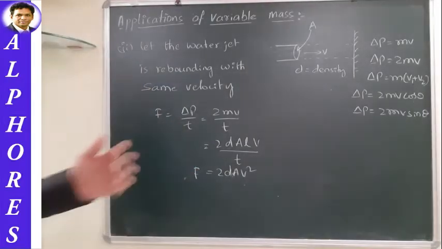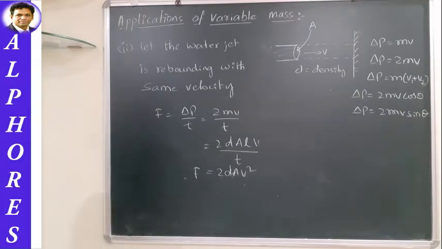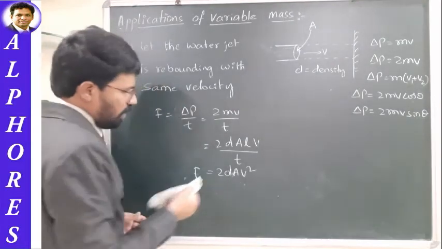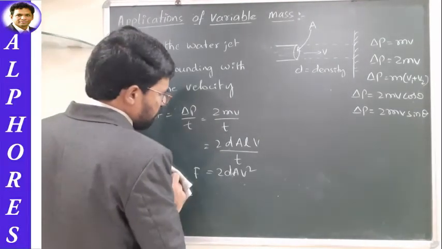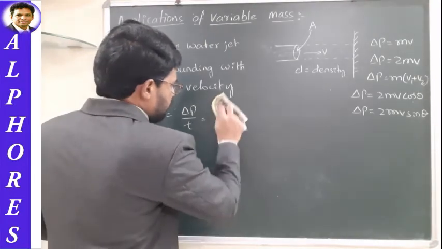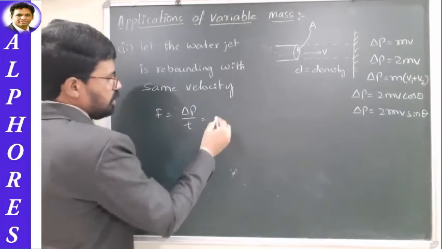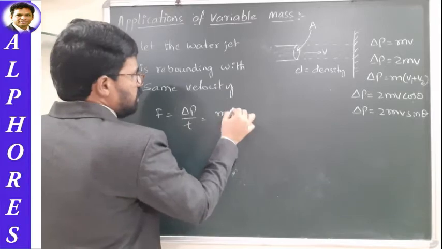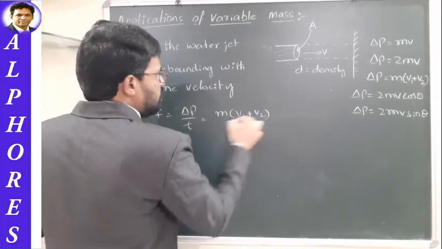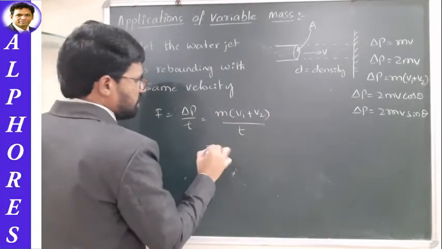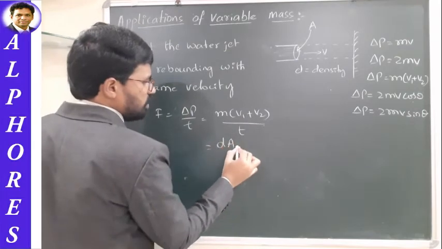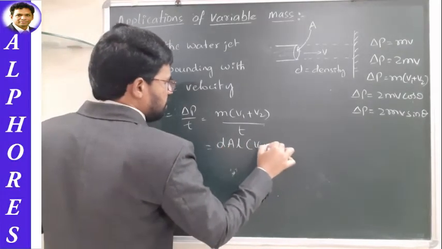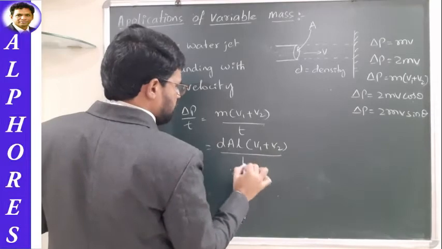What if it is rebounding with a different velocity? I will conclude here itself. In place of change in momentum you can write m into (v1 plus v2) by t. This mass can be written as density into volume. Volume is area into length, into (v1 plus v2) by t.